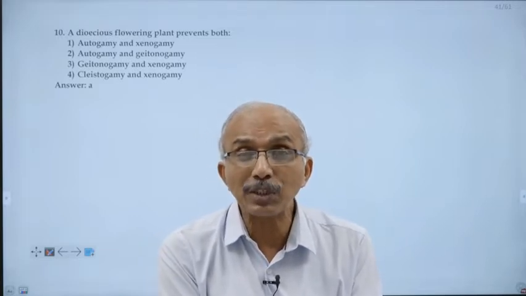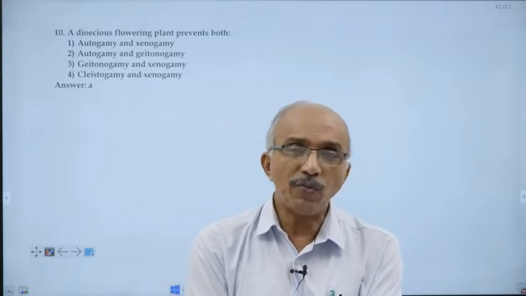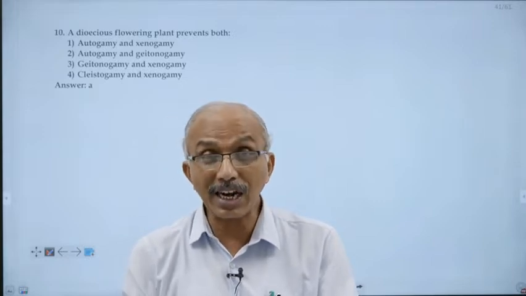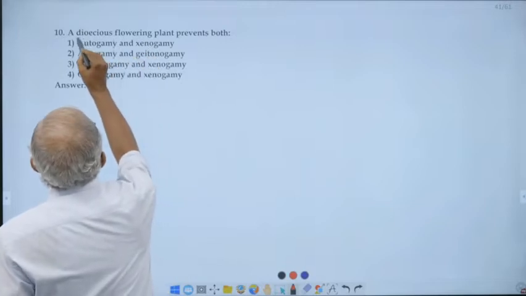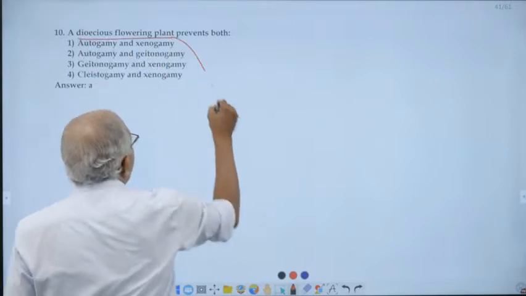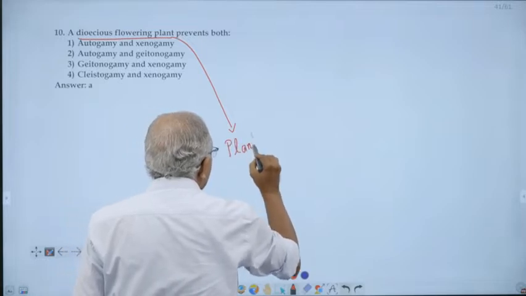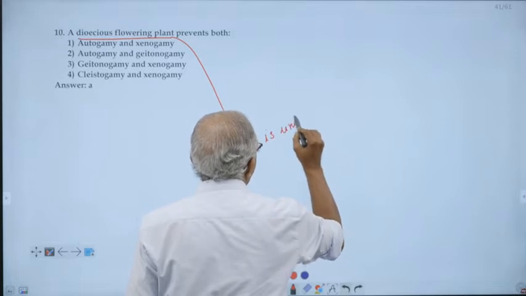Male plant possesses male flowers only. Female plant possesses female flowers only. In this condition, dioecious flowering plant, the plant is unisexual.